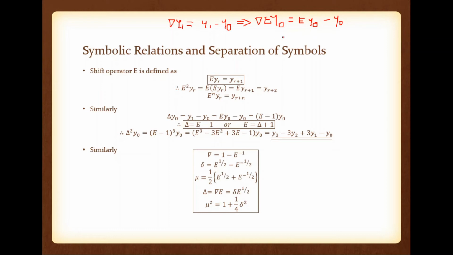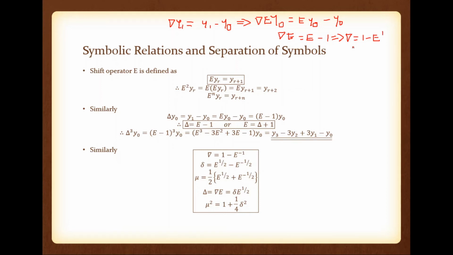So what do we have? Del E is equal to E minus 1. Del E is equal to E minus 1. So now what is del? Divide the entire equation by E, or cross multiply the entire equation by E raised to minus 1. We have 1 minus E raised to minus 1.